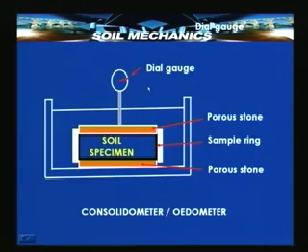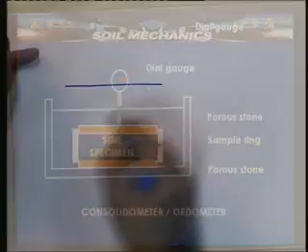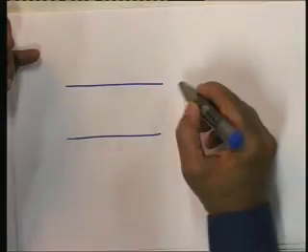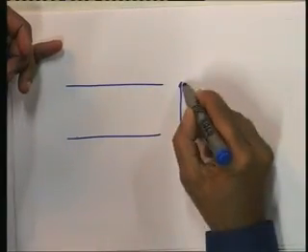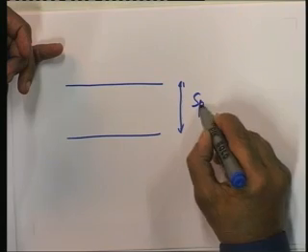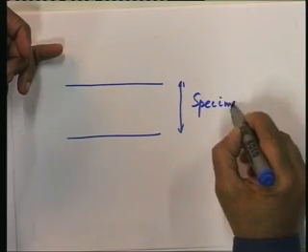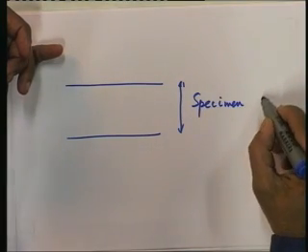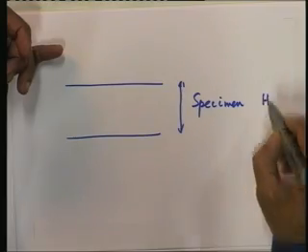What we do there is, we have this dial gauge. We can measure the compression that takes place in the soil specimen in terms of thickness change. Suppose this is the original thickness of the soil specimen. The thickness, let us say, is h.